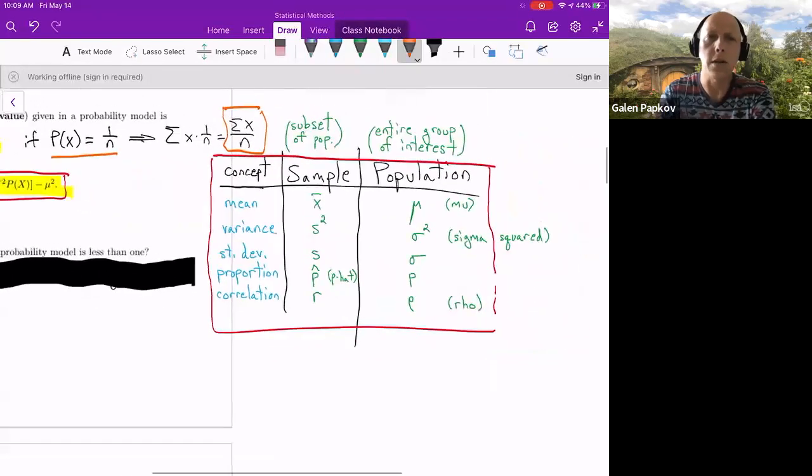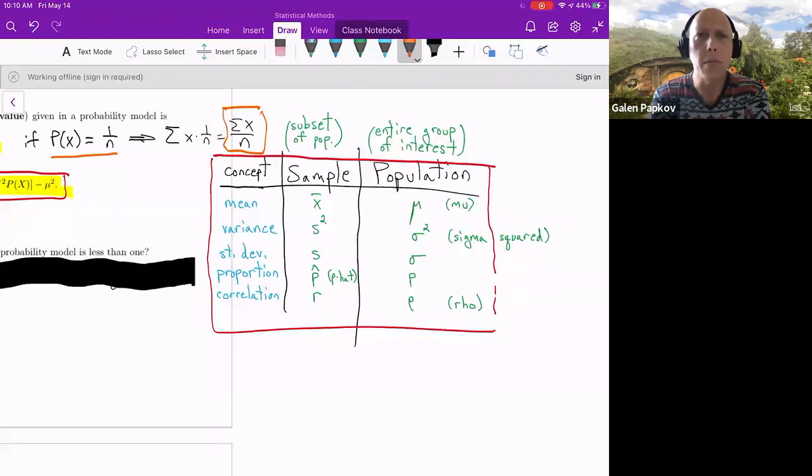And so why do all these symbols exist? Well, they exist because there's two fundamental concepts that you're going to need to really come to know and understand. And that is the difference between a sample and a population. Population is the entire group of interest that you want to study. And the sample is just a part of them.